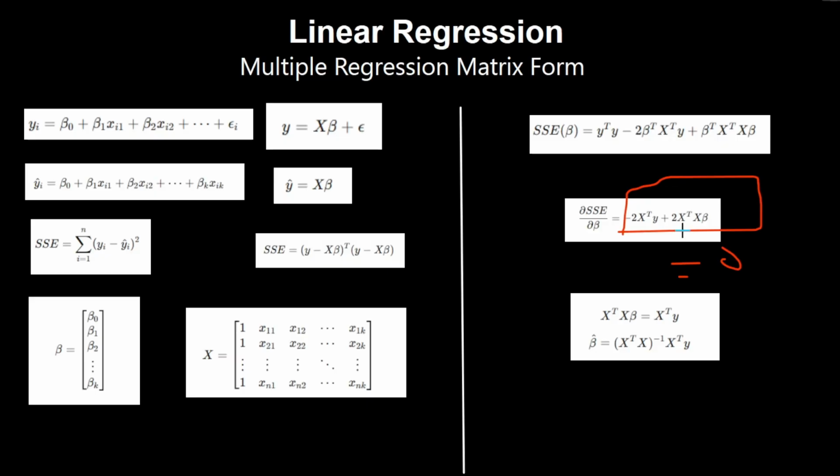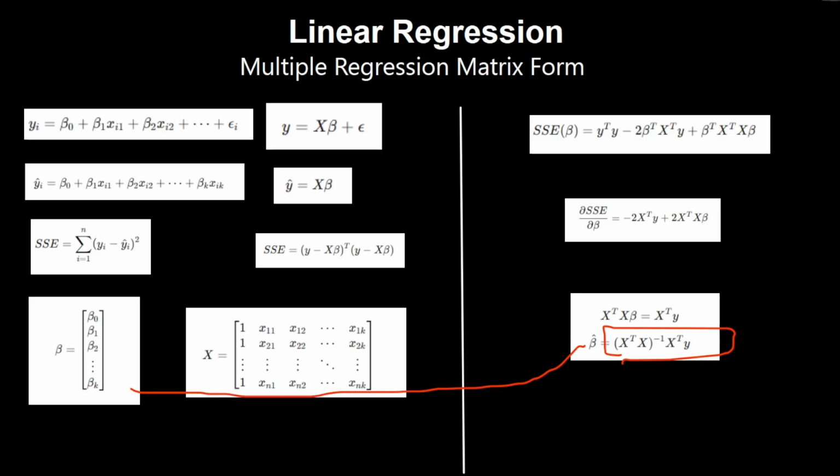If we rearrange, we finally get the coefficient vector as x transpose x inverse, times x transpose, multiplied by vector y. That's how we can get this coefficient vector.